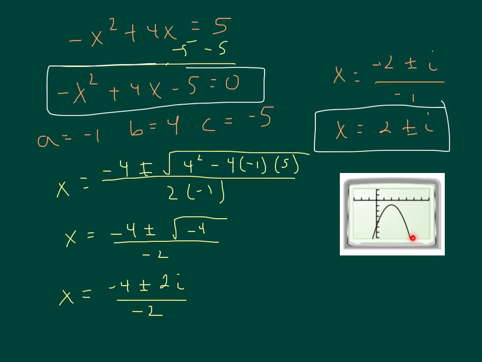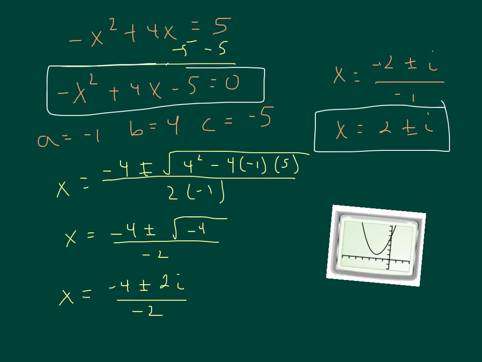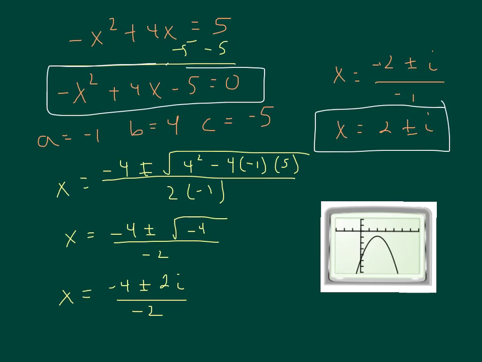And you might ask yourself, well, Mr. Brecklin, what if we had moved all of this over to the other side? You said you like to keep the coefficient positive. Well, then that would have been sort of, not the exact reverse. If you grab your graphing calculator and pop it in the y equals, the opposite would have been positive x squared minus 4x plus 5 equals 0.